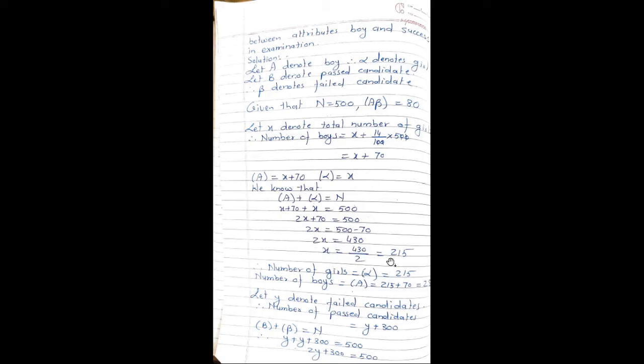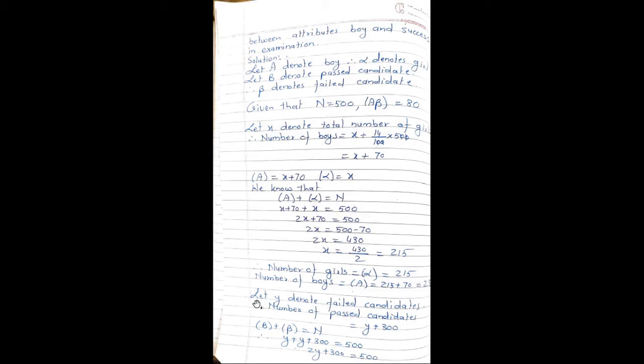So value of x is 215. So therefore, number of girls, frequency of class alpha, is 215. Number of boys, frequency of class A, is equal to 215 plus 70, that is nothing but 285.